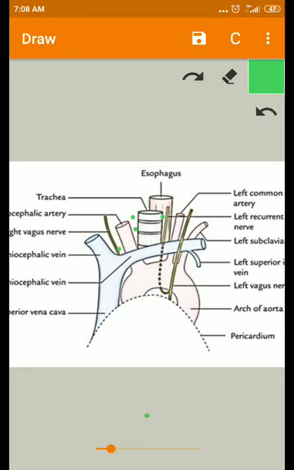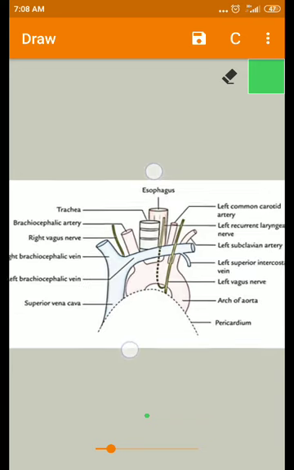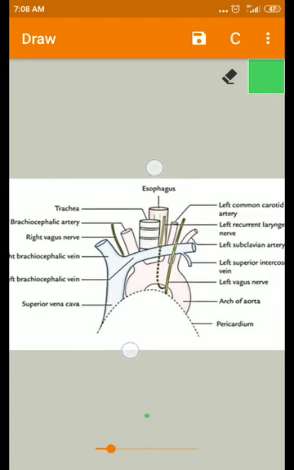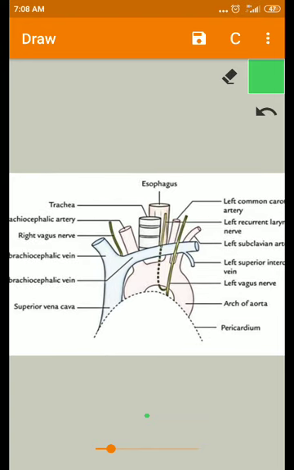These are the major structures related to the superior mediastinum, the contents of the superior mediastinum.